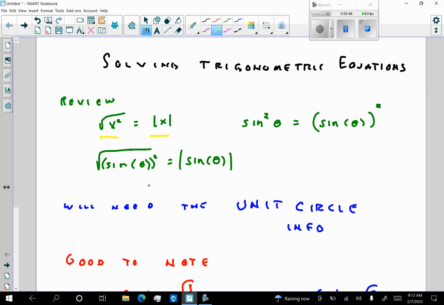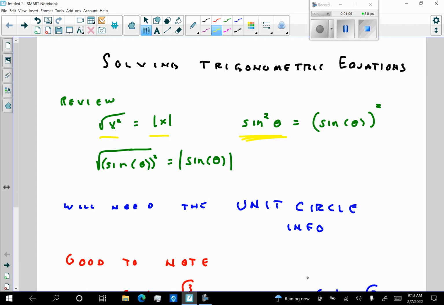The other thing that you'll need to know that students get confused about is this notation over here. Sine, that little 2 up there, theta, actually means sine of theta squared. This is just the way that mathematicians shorthand sine squared.